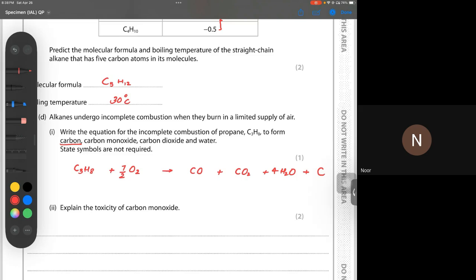Explain the toxicity of carbon monoxide.